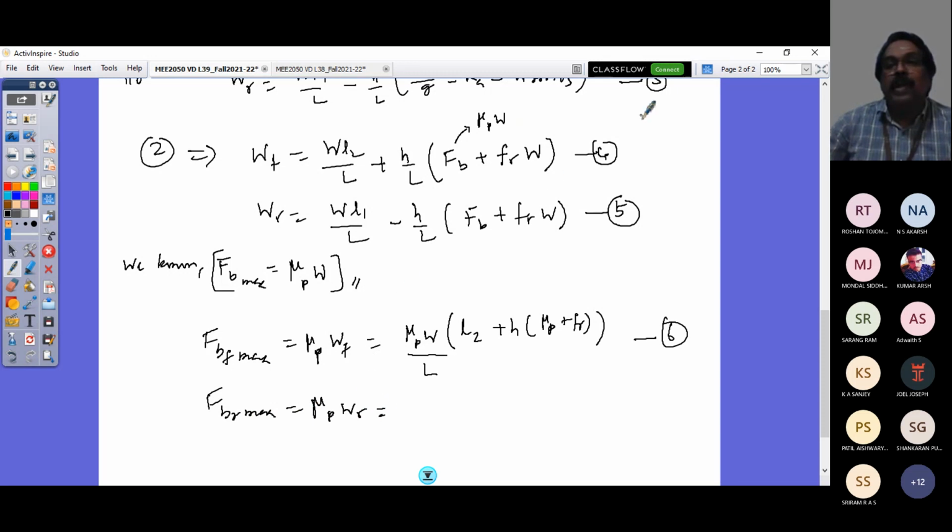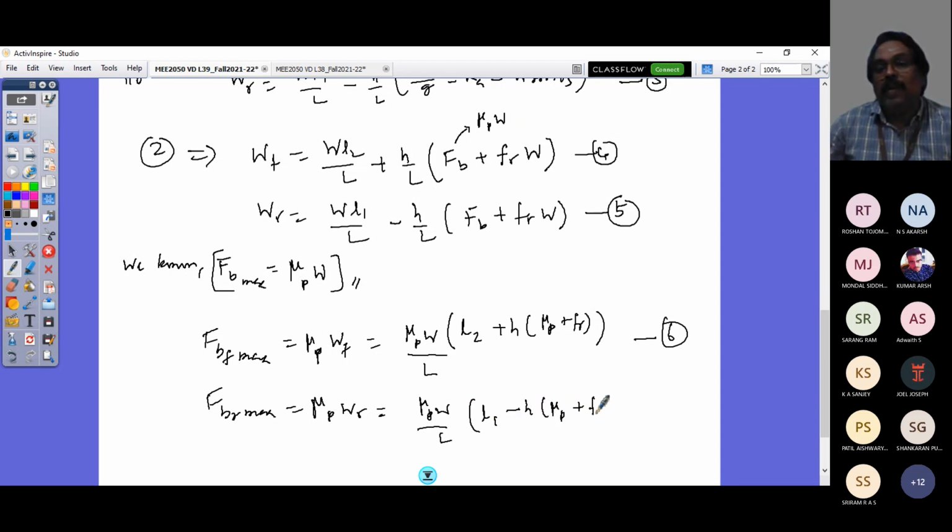Substituting equation 5 into this, I will have mu P times W by L, into L1 minus H into mu P plus FR. That's my equation 7.